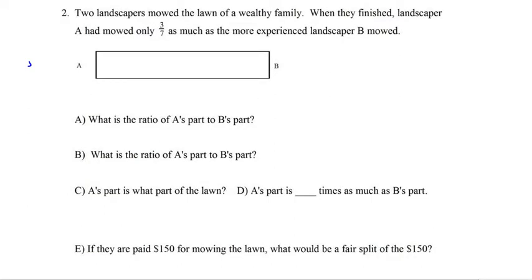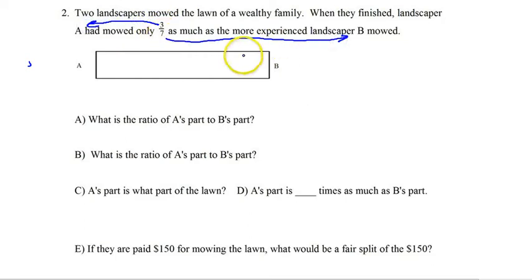So 2 landscapers mowed the lawn of a wealthy family. When they finished, landscaper A mowed only 3/7 as much as the more experienced landscaper B mowed. Well, since this is 3/7 times, we already know that that 3 and that 7 belong to someone.